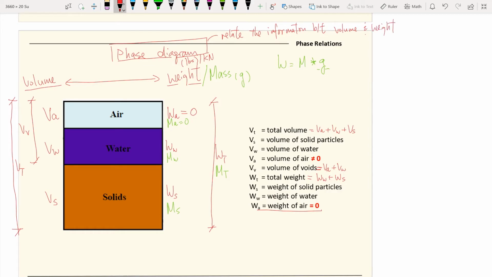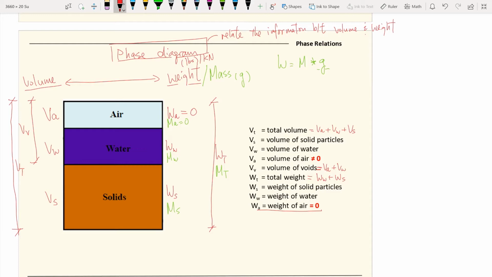So when we talk about the volumes, it means all these components: volume of air, volume of water, volume of solid. And when we talk about the weight, it is the weight of the air, which is equal to zero, the weight of water, and also the weight of the solid.